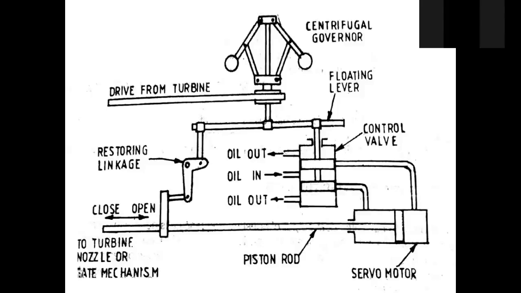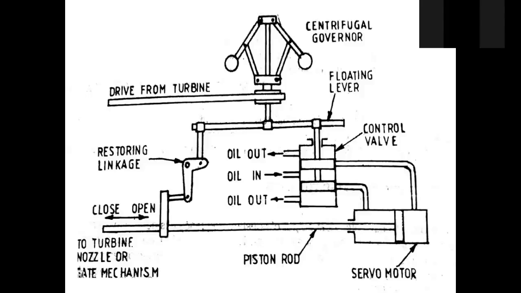This control valve, what it will do is, at any time the oil will either go to the top pipe or go to the bottom pipe in such a way that it exerts pressure on the servo motor piston. So we have a third system, that is called the servo motor system.